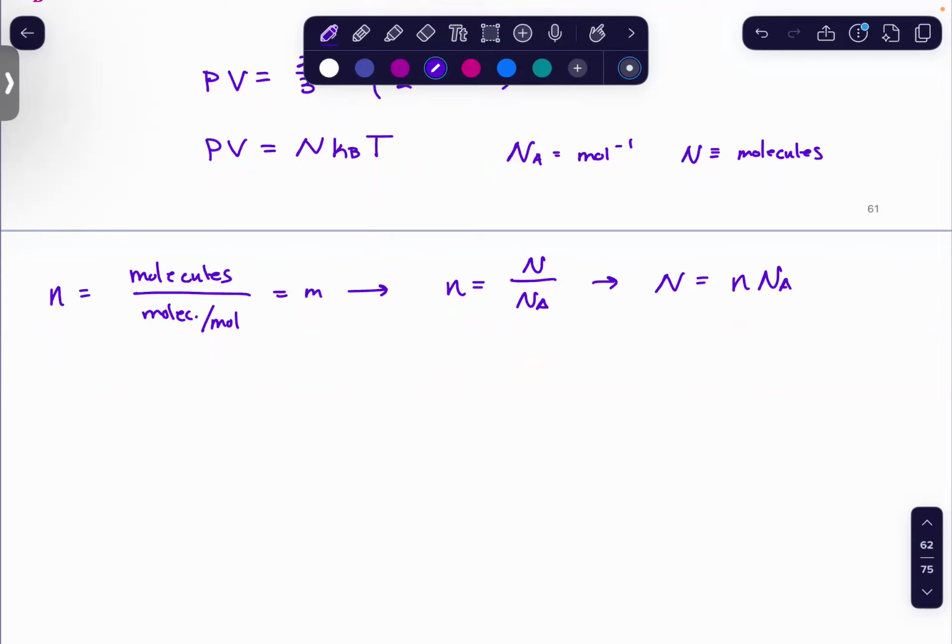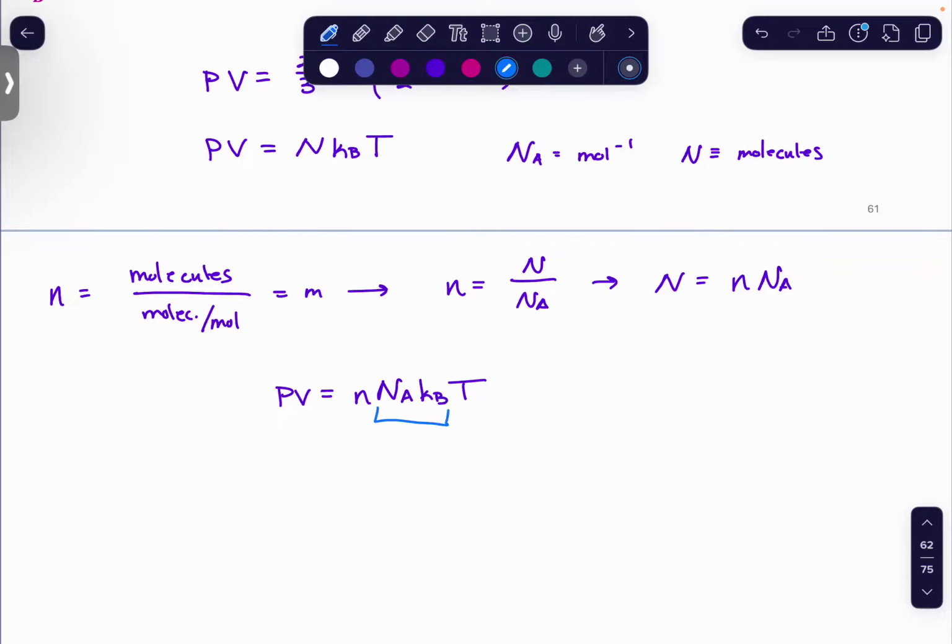Okay, so now I can substitute that. PV is going to be number of moles, Avogadro's number, kB, T. And now we're at a place where we have another factor come in.